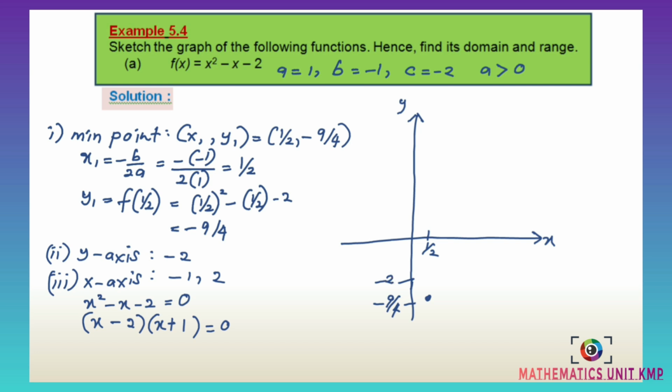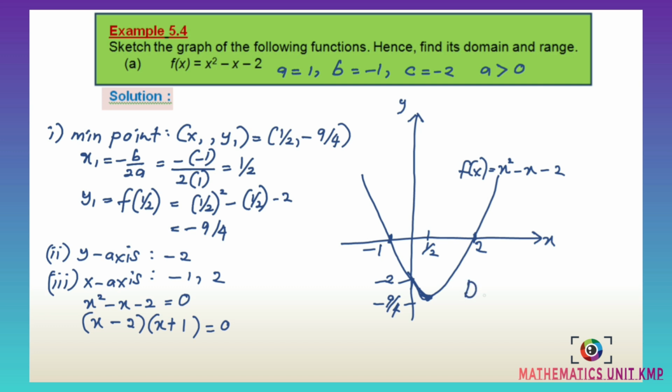The graph is concave up, and intercepts the x-axis at negative 1 and 2. Label the graph f(x) equals x squared minus x minus 2. Hence, find its domain and range.